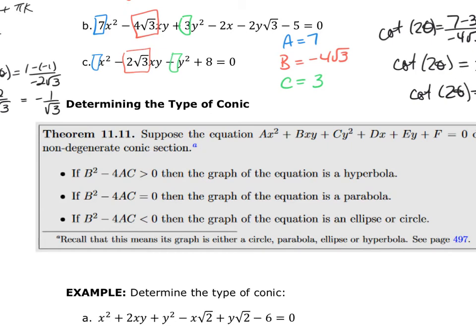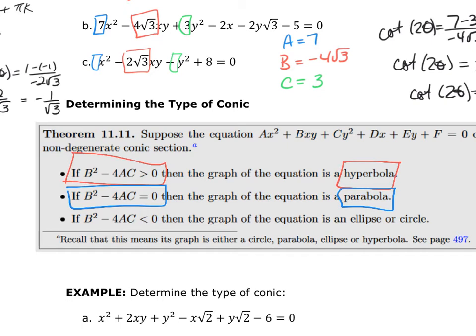If b squared minus 4ac is greater than 0, then you have a hyperbola. If b squared minus 4ac is equal to 0, then you have a parabola.